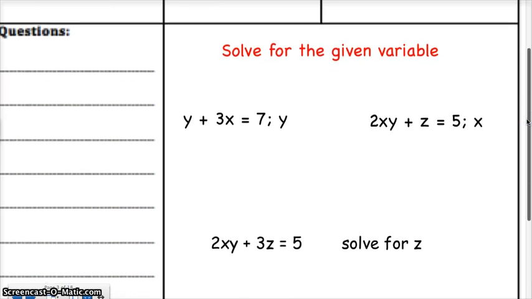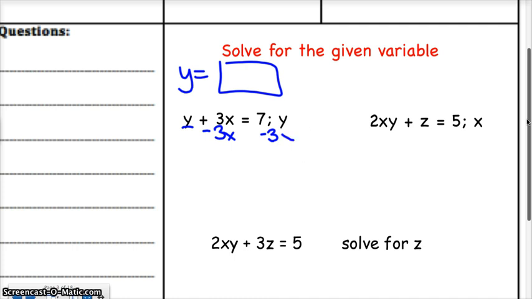Next example: y plus 3x equals 7, solve for y. What do I want by itself? I want it to be y is equal to something, so I underline my y. I'm going to move what's not connected, that's the plus 3x. How do you move plus 3x? Minus 3x. Now look how I line this up. I do that for my brain, because I want to tell my brain they are not like terms.